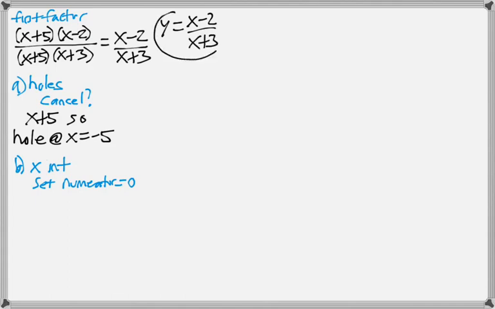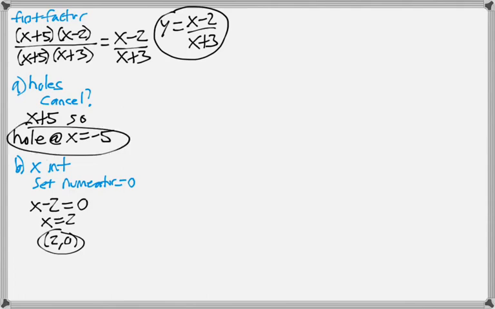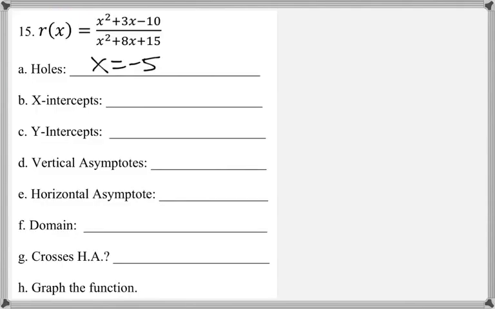This is what I'm going to refer to now, instead of the original. So for the numerator, it's going to be x minus 2 is equal to 0. So if you move the 2 over, you get x is equal to 2. And this will be (2, 0). So (2, 0) is our x-intercept.